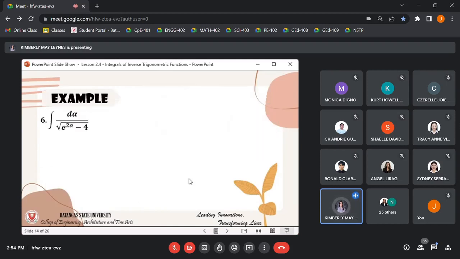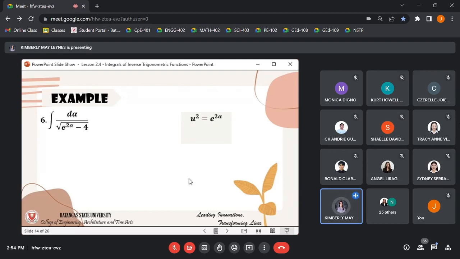Proceed tayo sa integral ni d alpha over square root ni e raised to 2 alpha minus 4. So meron tayo ditong e raised to 2 alpha sa denominator na nasa loob ng radical. So it will be our u squared. U squared is e raised to 2 alpha. With that, ang gagawin na po natin, get the square root of both sides.